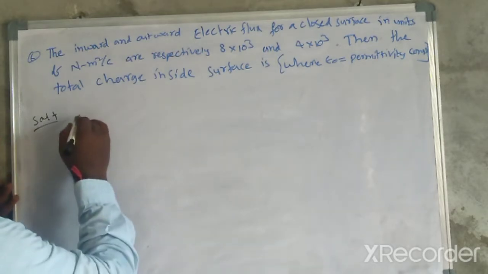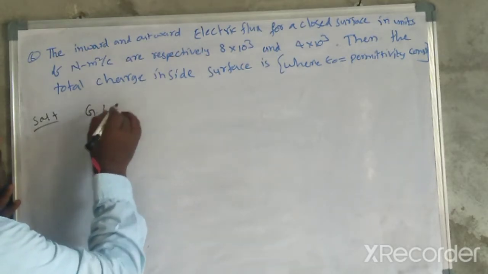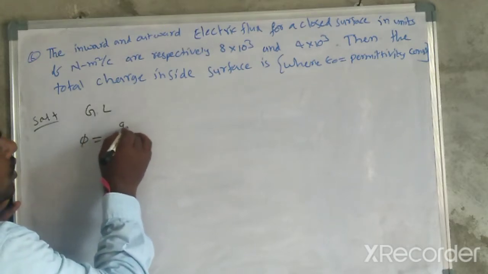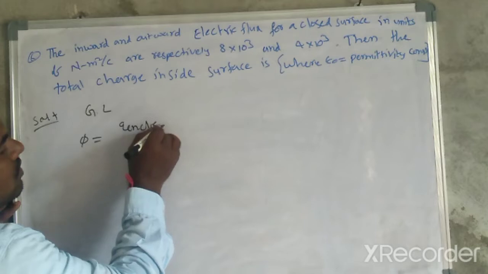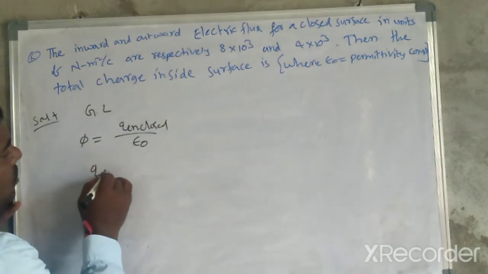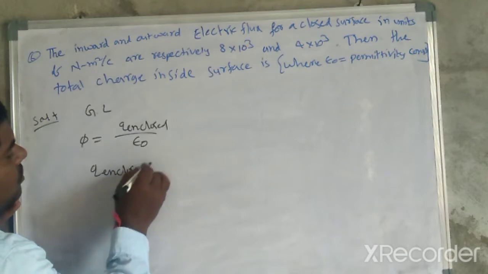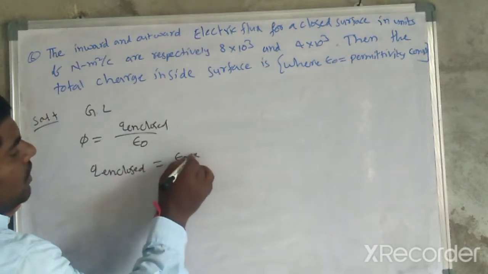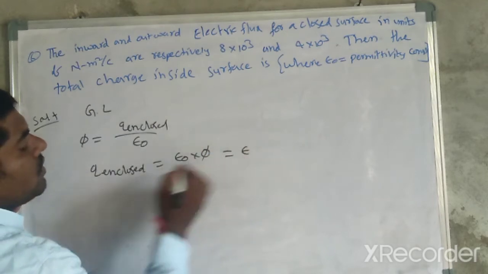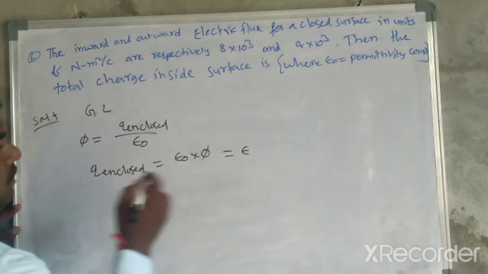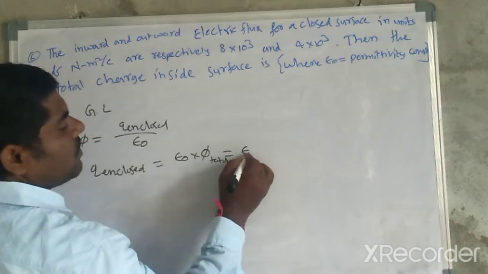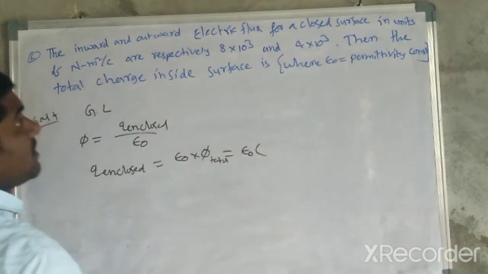The total enclosed charge they are asking. According to Gauss law, flux is equal to Q enclosed by epsilon naught. So enclosed charge is equal to epsilon naught into flux. That is equal to epsilon naught into the total flux.